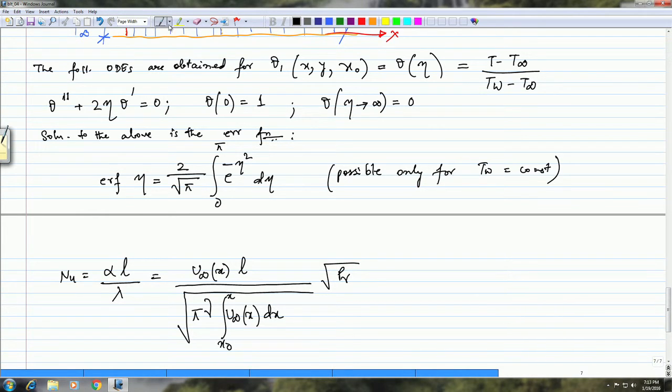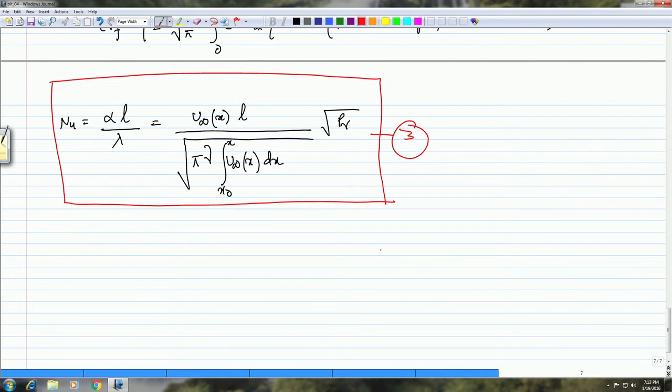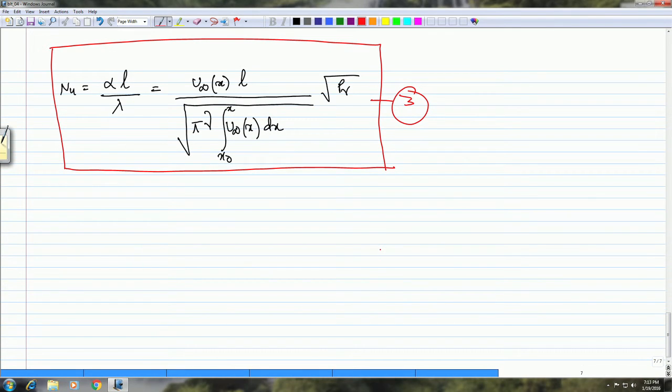Now this is very interesting. We get an expression for the Nusselt number, which I'm going to call equation 3. So what does that even mean?